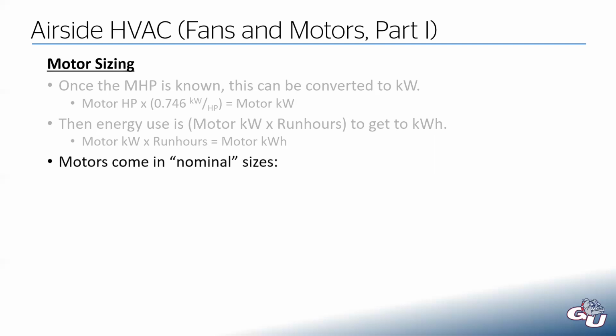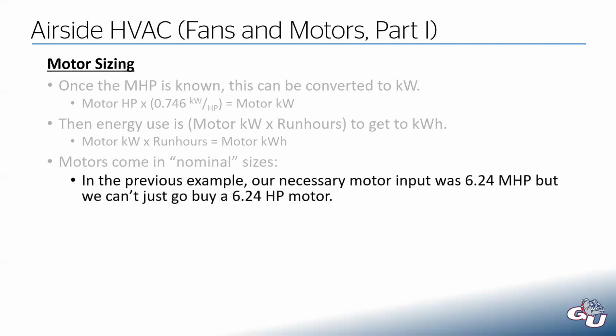But when you're selecting motors, typically, well, really always, they come in specific nominal sizes. So in that previous example, we said, well, we need a 6.24 motor horsepower motor. But you can't just go to the store and buy a 6.24 horsepower motor.